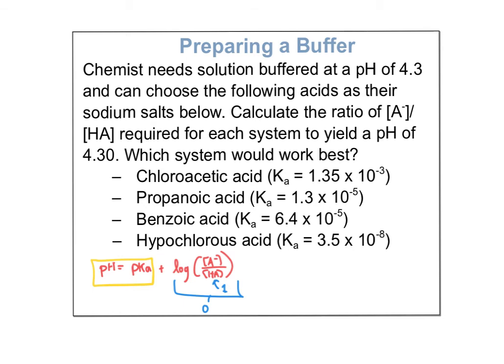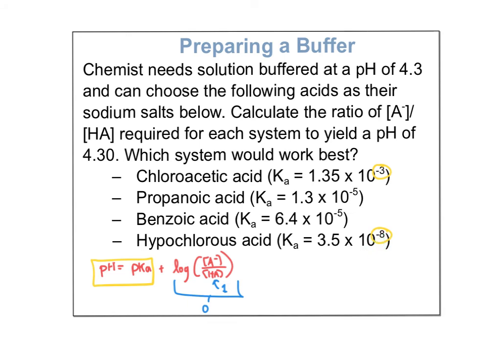So looking at these, if this were multiple choice, I know that I can take the negative log of Ka to get the pKa. I see that we have 10 to the negative 8th and 10 to the negative 3rd. If I take the negative log of something to the negative 3rd, that's going to give me something close to 3. If I take the negative log of something to the negative 8th, that's going to give me something close to 8.